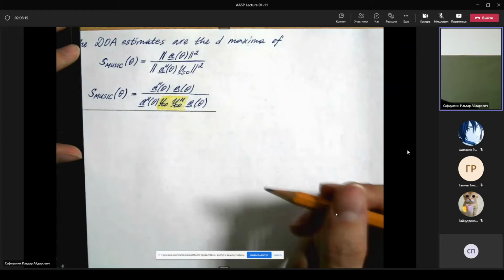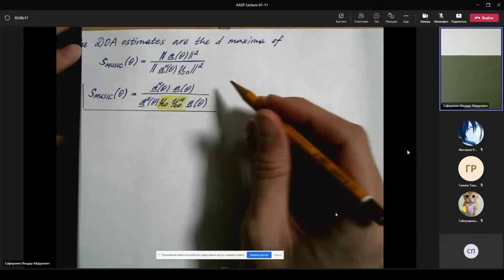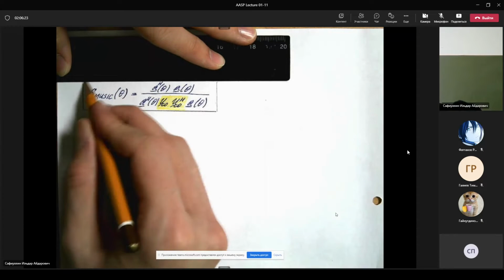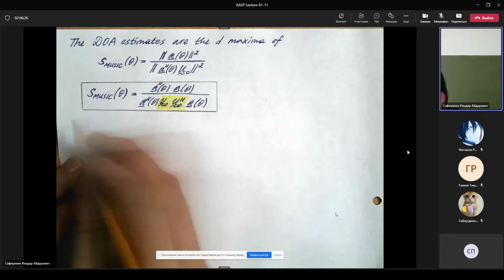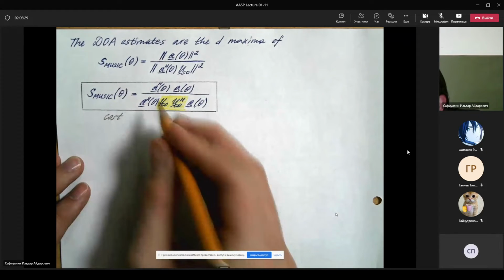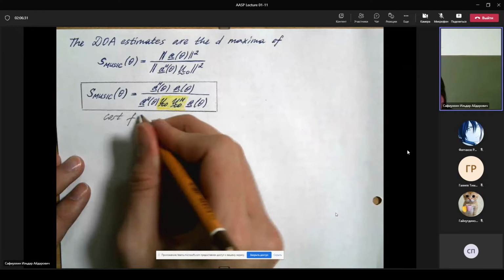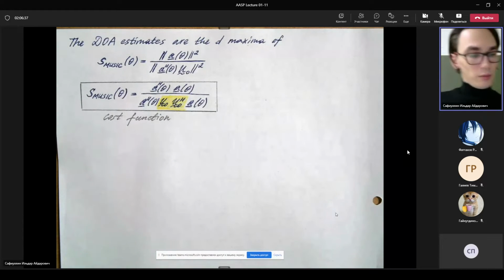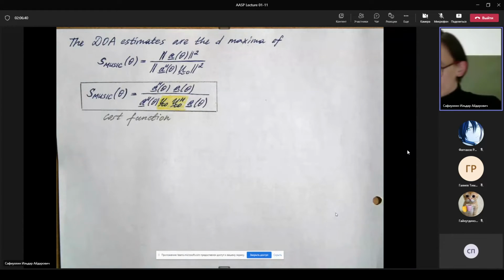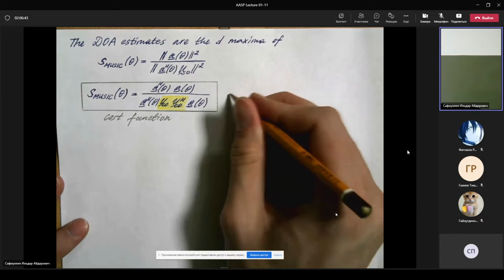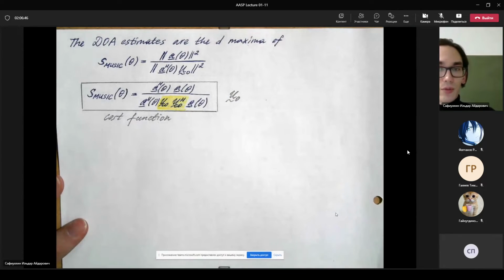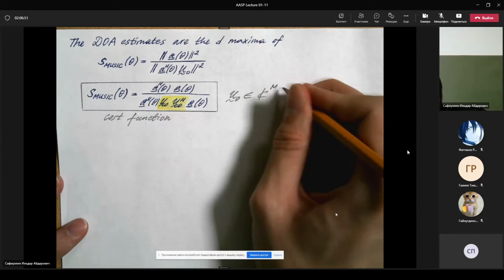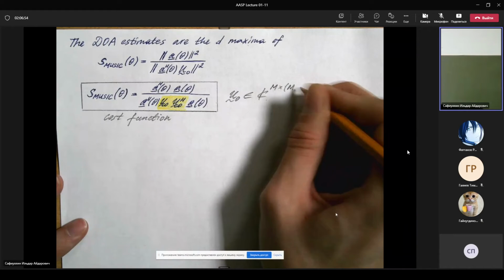And then note that we can call the result of this equation the cost function. And maybe I will give you the size of this U subscript 0. It is complex of size M times M minus D.